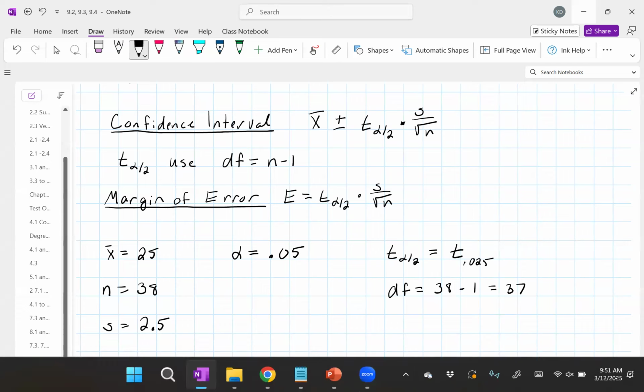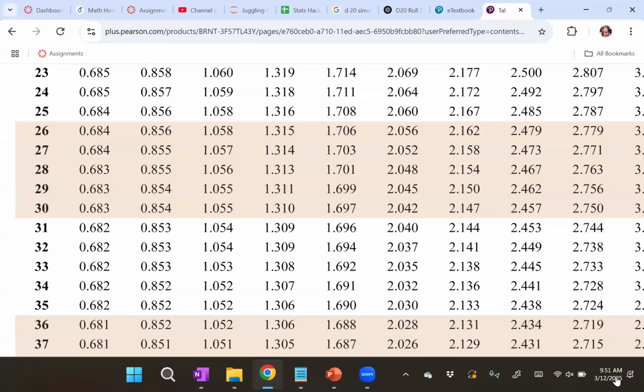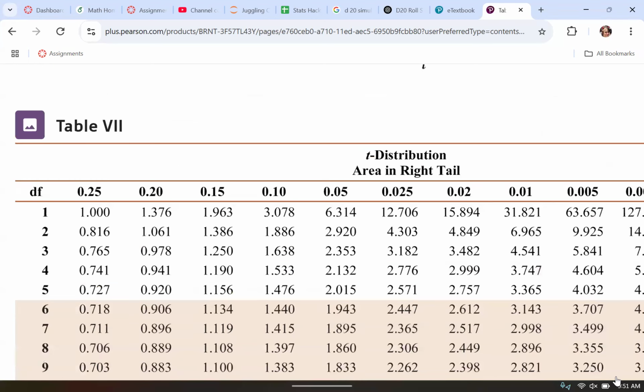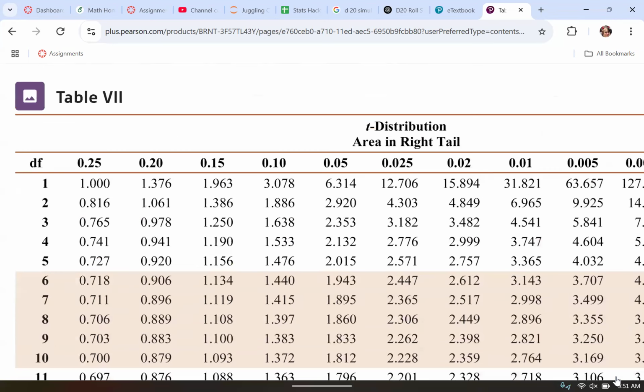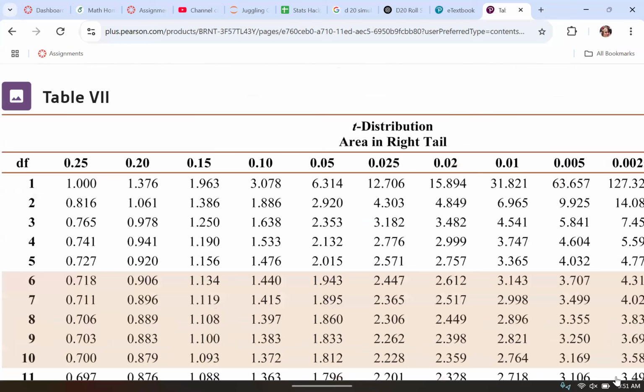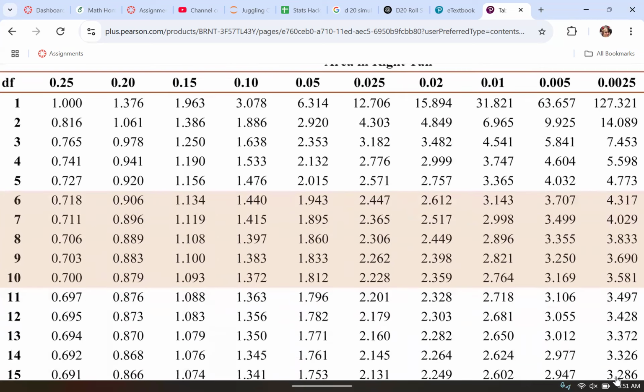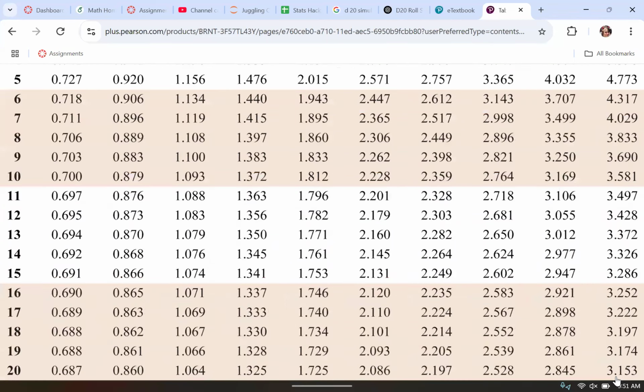Writing those down so I don't lose them. First thing I'm going to do is look up here. Where's my alpha over 2 level? So 0.025. It should be right under here, this middle column. And so I'm going to keep my finger on the middle column.